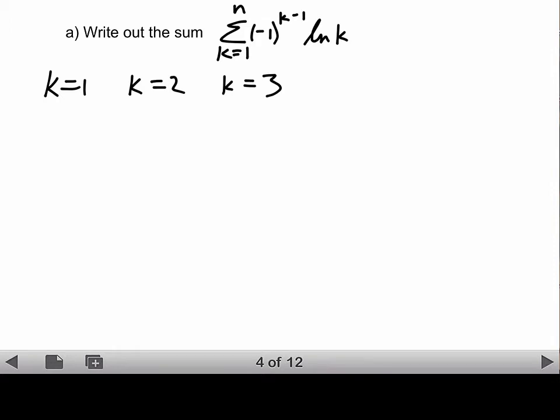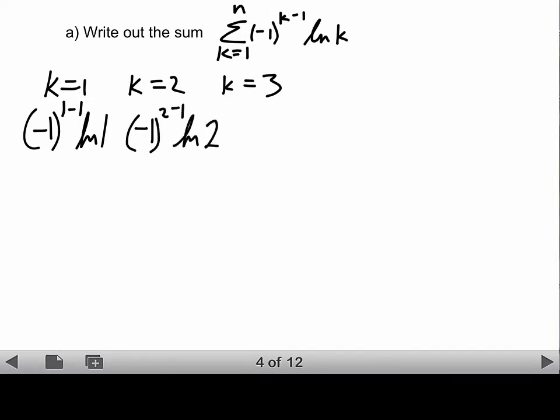First, if k equals 1, we have negative 1 to the 1 minus 1 times the natural log of 1. If k equals 2, then we have negative 1 to the 2 minus 1 times the natural log of 2. And then, of course, you know what we're looking at for k equals 3. Negative 1 to... make sure we can see what's going on here.